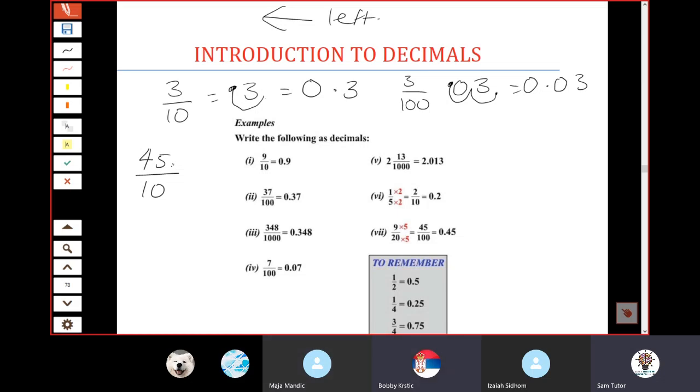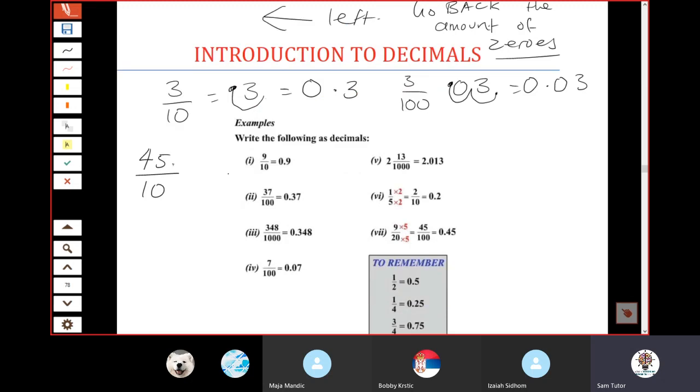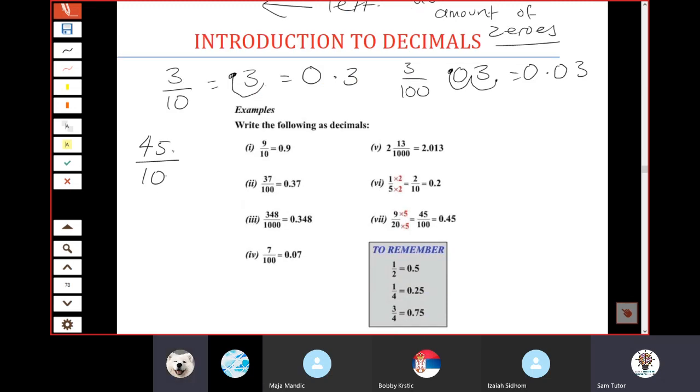Once, because there's 1 zero. Go back the amount of zeros. So how many zeros, Maya? 1. So I've got to go back 1. What's my answer, Maya? 4.5. Good job.